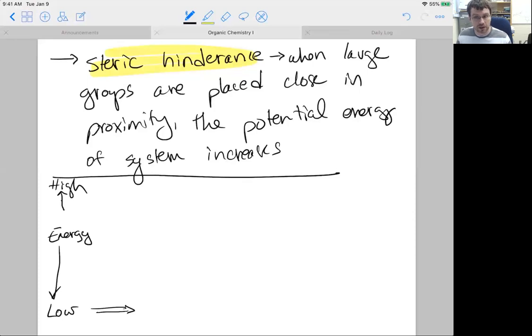They don't impose as much steric hindrance, and so they're going to be lower in energy. This is our anti-conformation. The higher energy system is going to be our eclipse conformation, and the highest one is going to be the Syn conformation. We've got the 2 big groups directly over top of each other.